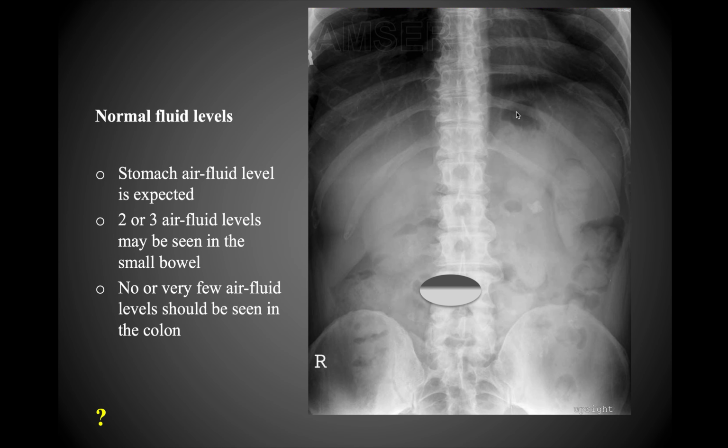So here you can see that contrast, where this is obviously a gas bubble, the dark part. And then below that, you can see where the fluid level would be. Here's another example right there as well. And then you very seldom will see air fluid levels in the colon. So most of the time, what you're seeing in the colon is just going to be feces, but there shouldn't be significant amounts of air fluid levels.